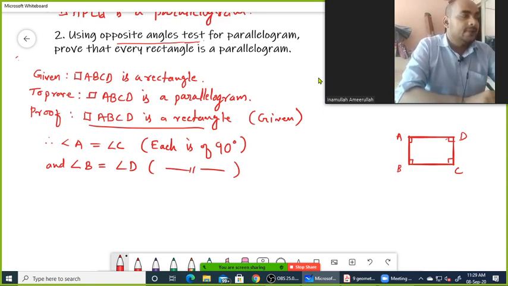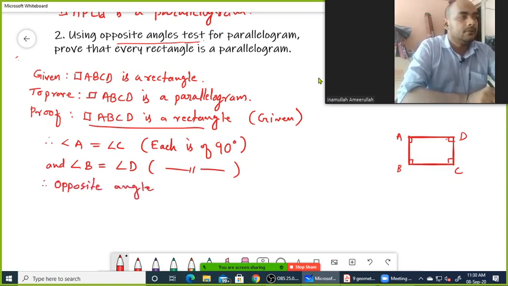So as you can see, opposite angles A, C and B, D are congruent and equal. So therefore we can say that opposite angles of quadrilateral ABCD are congruent.